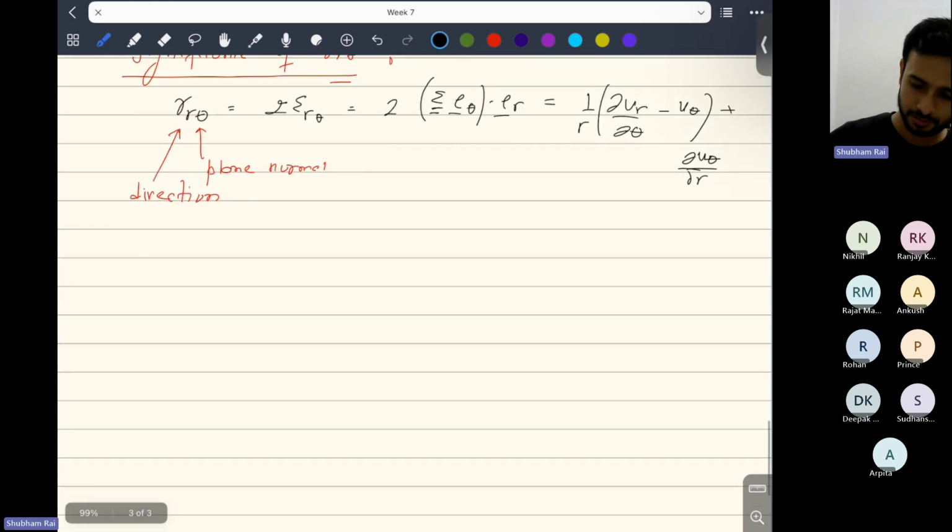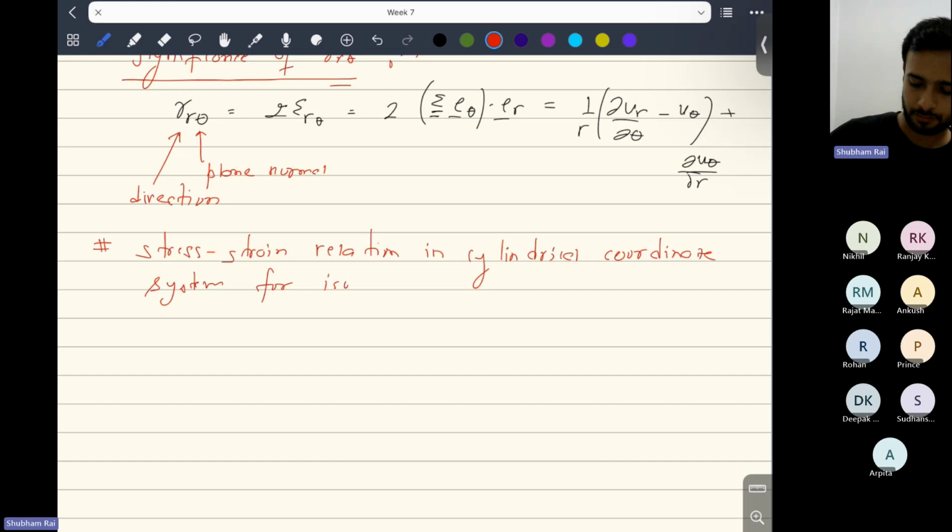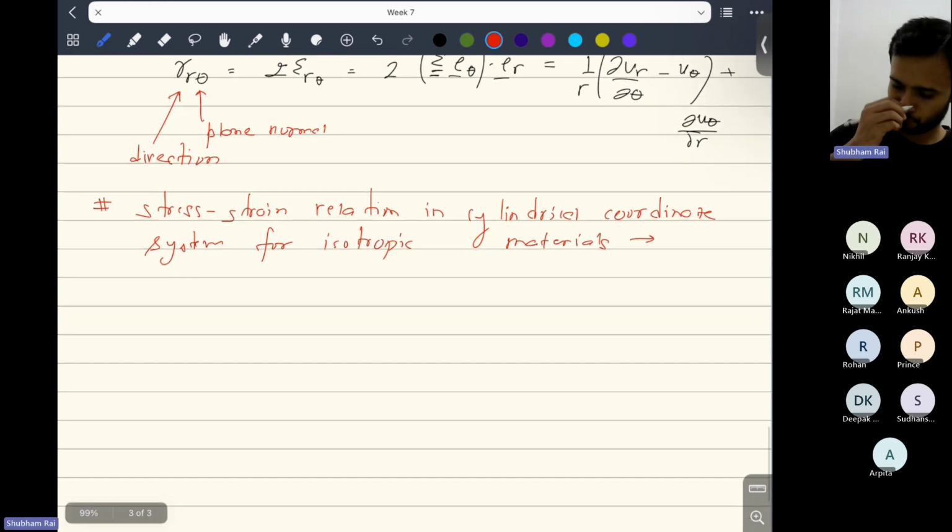So let me write the stress strain relation in the cylindrical coordinate system for isotropic material.